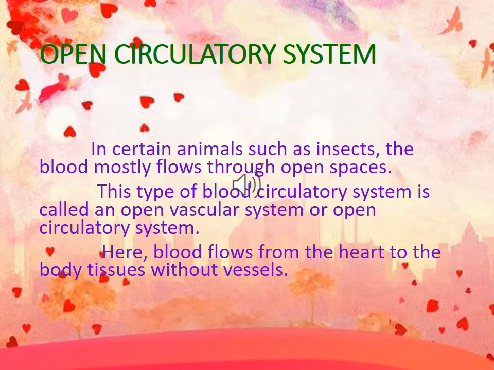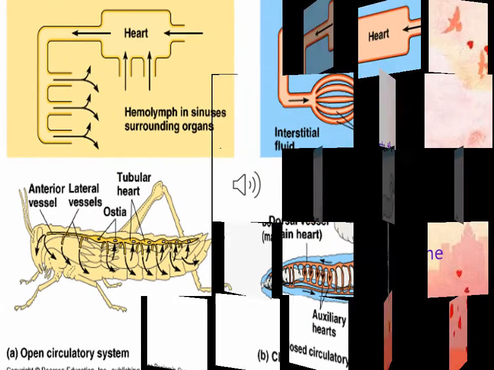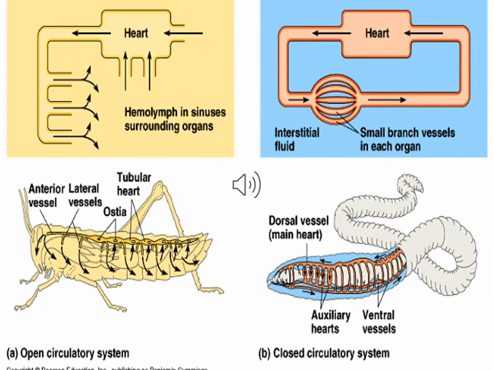From the heart, the blood is distributed all over the body directly in open spaces. That is why we call it an open circulatory system. If you look at this drawing of the open circulatory system and the closed circulatory system, it will be easier for you to understand what the closed circuit is and how the blood comes out directly into open space.